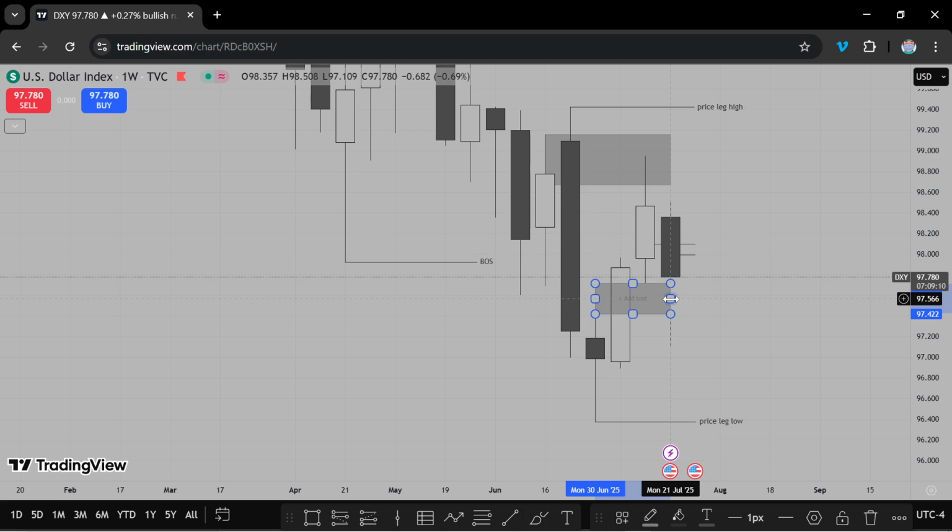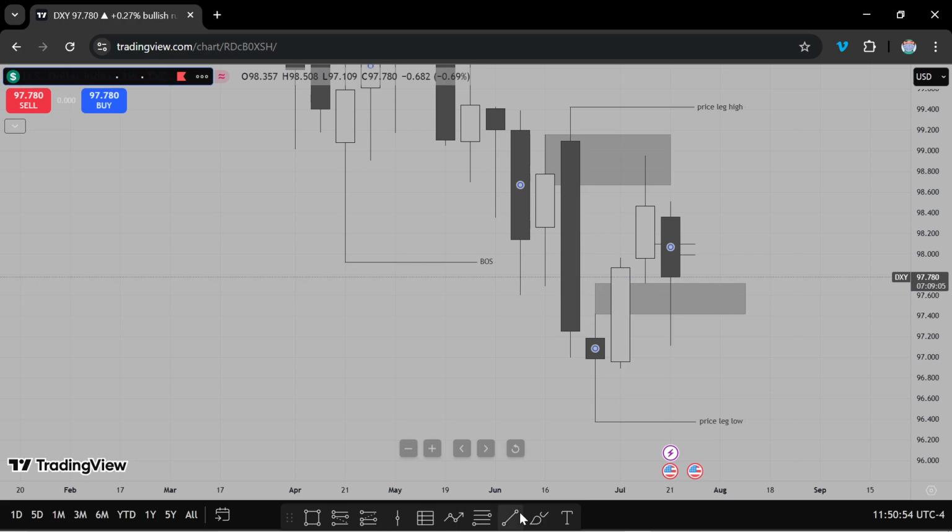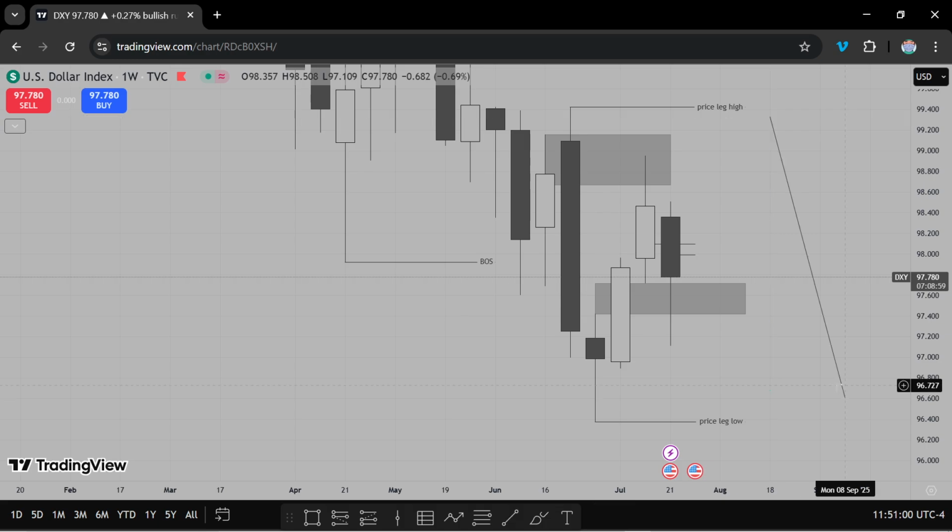The narrative or the context was we are bearish, yes, but the PDRA on the higher time frame, the weekly time frame, that is supposed to push price lower, failed to push price lower.